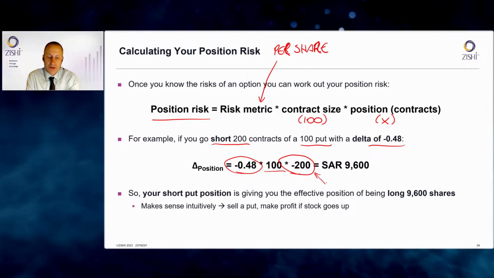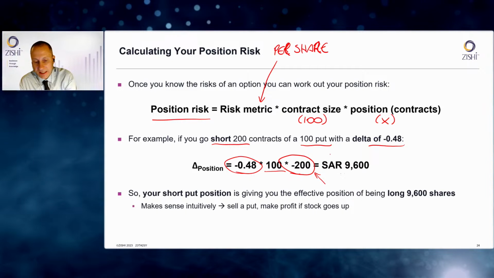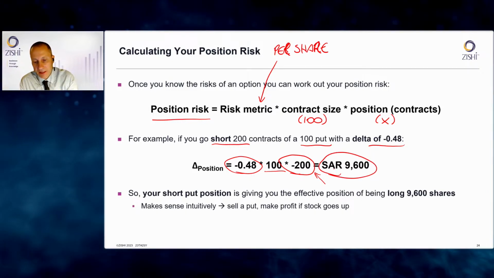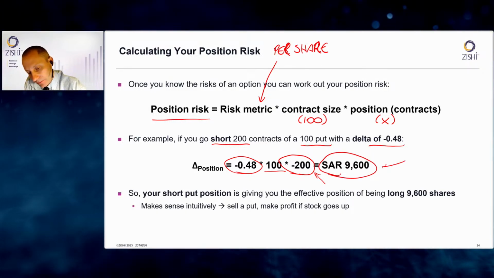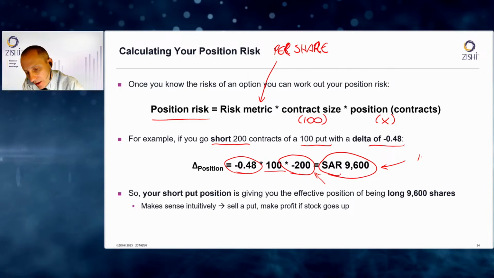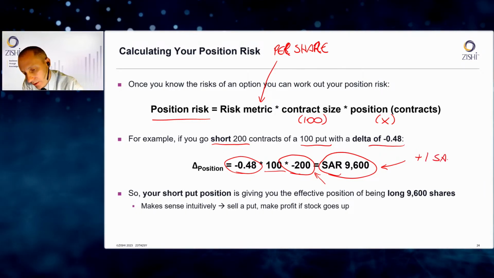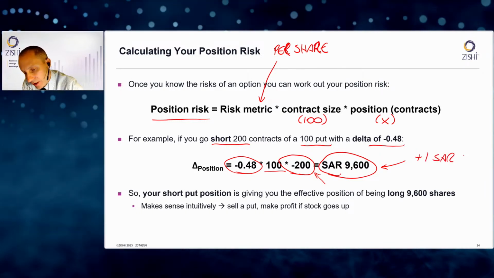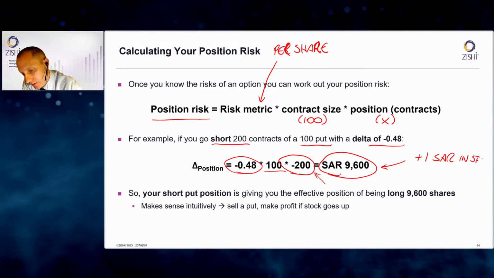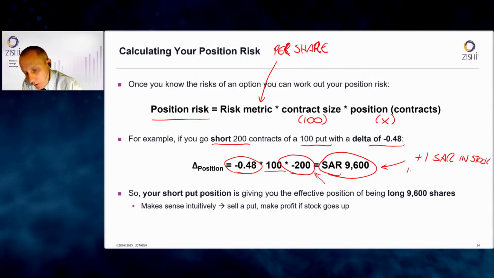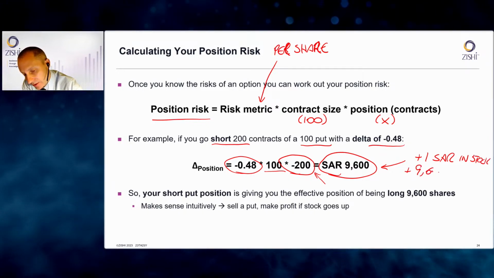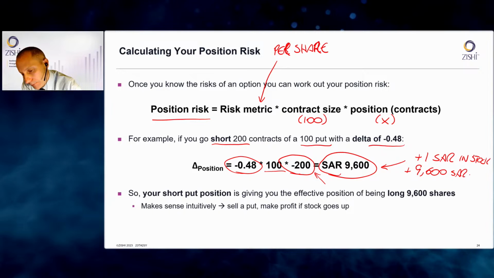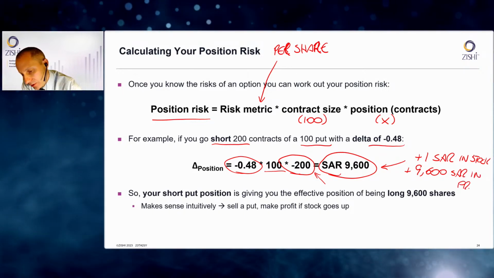You can see we've got two minuses cancelling out and creating a plus. So what this means is that for every +1 real movement in the stock, we get a plus 9,600 real of profit.